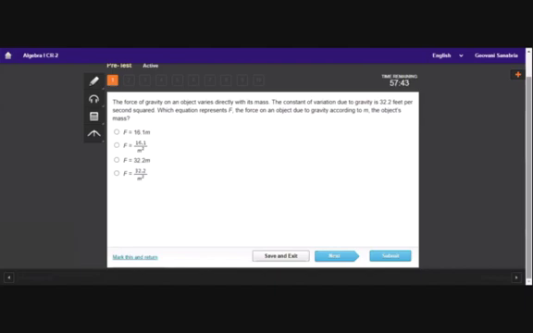It's some number, some decimal maybe, some whole number, some fraction, times the other thing. Varies indirectly means divide. So the answers that would work with varying indirectly would be the second answer and the last answer. So varies directly means multiply, and the constant of variation due to gravity is 32.2 feet per second squared. Oh, feet per second squared.